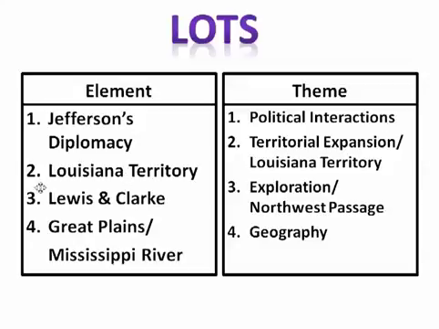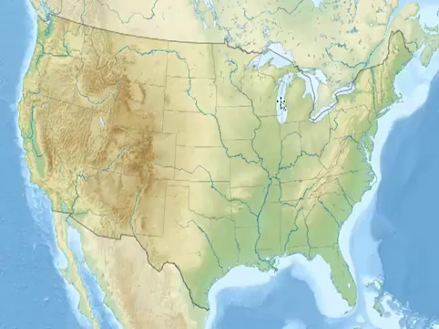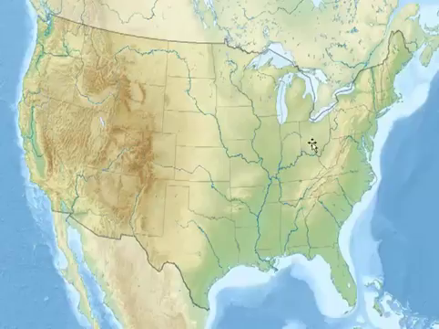And number two, Louisiana Territory is going to be territorial expansion of the Louisiana Territory. Lewis and Clark, we're going to be looking at exploration of the northwest passage to the Pacific Ocean, and then some more geography with the Great Plains and the Mississippi River. This northwest territory that is now surveyed and that is now going to be sold in pieces.